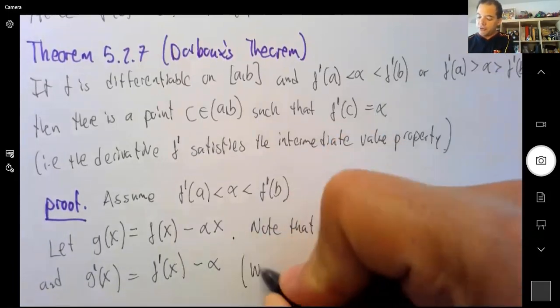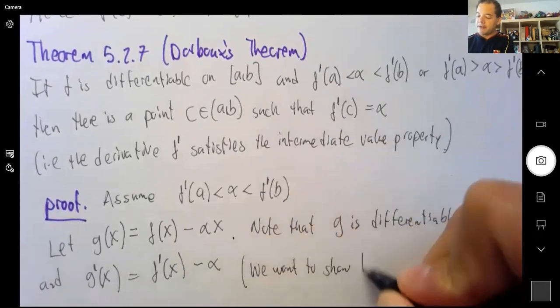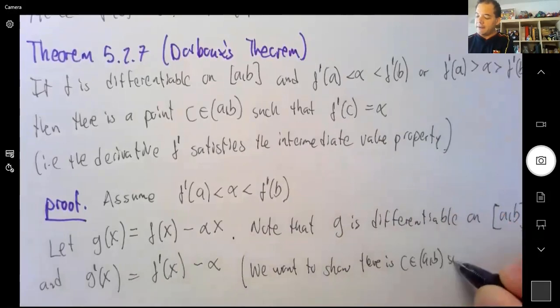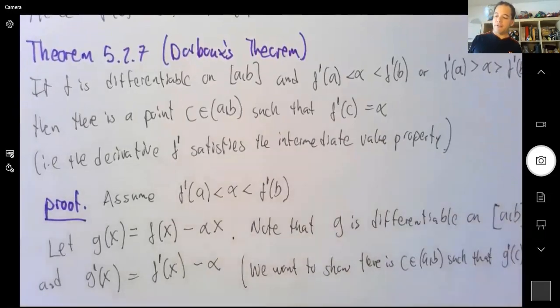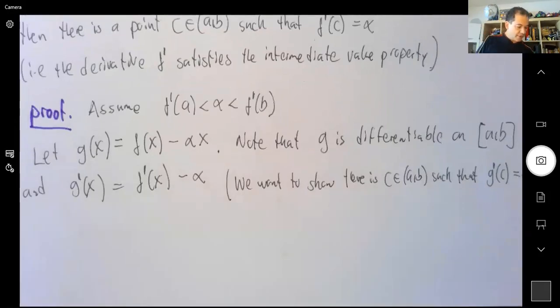So we want to show, let me write it here, there is C in the interval AB such that g prime of C is 0, right? It's somewhat easier to think for something equal to 0 than for something equal to alpha.